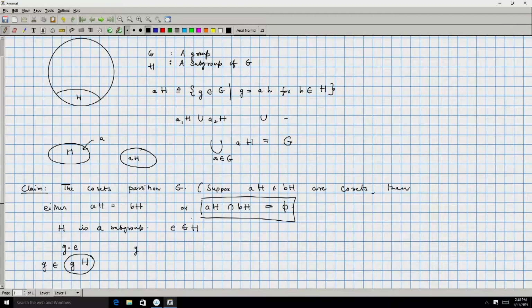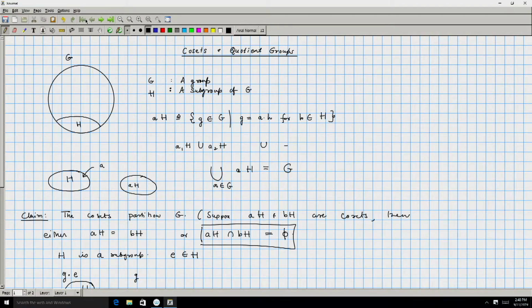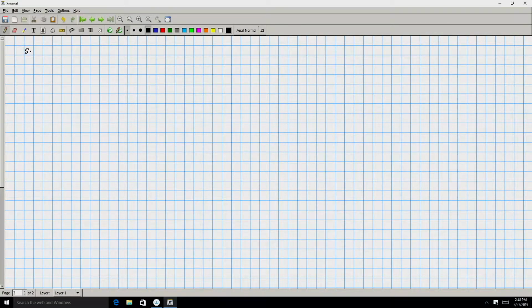Why is it true that two cosets are either disjoint or the same? So, let us assume that the cosets have some non-trivial intersection. If they did not have any intersection, then we are fine, because that is the condition aH intersection bH is empty. So, suppose alpha belongs to aH intersection bH. Okay. So, that would mean that there exists an h1 such that alpha is equal to a h1 and alpha is equal to b h2.